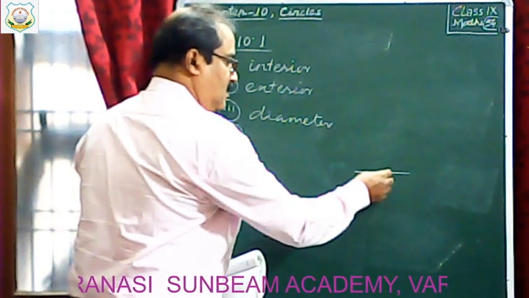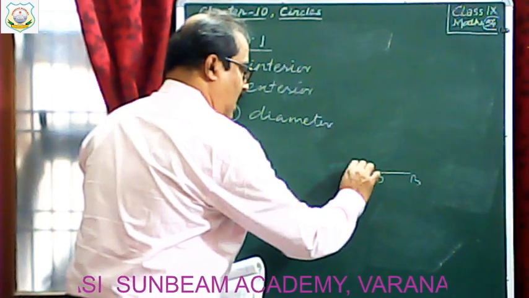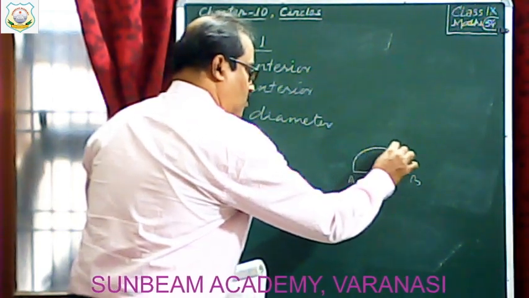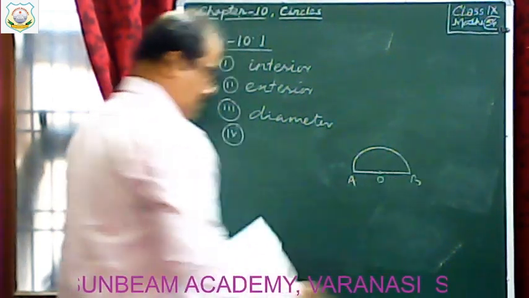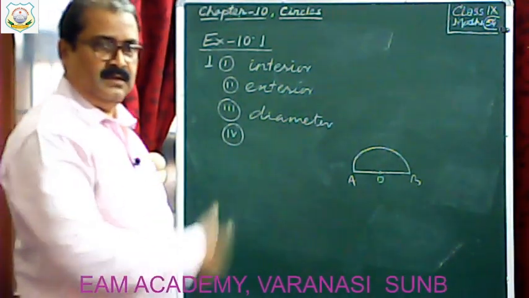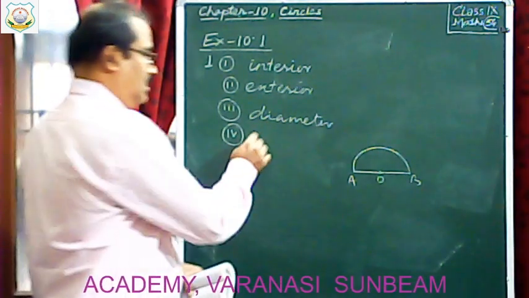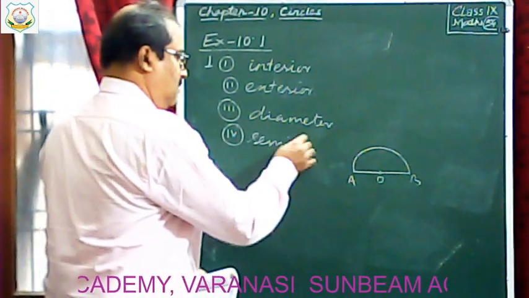Diameter because of a center. And if you draw an arc whose ends are the ends of a diameter, then it is known as a semicircle. Semicircle.